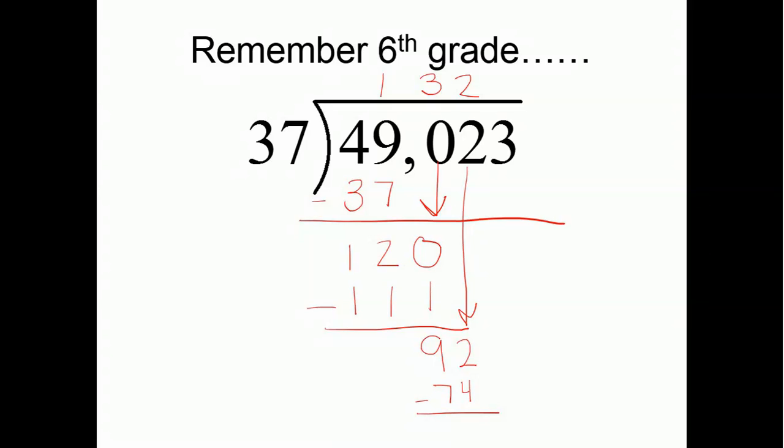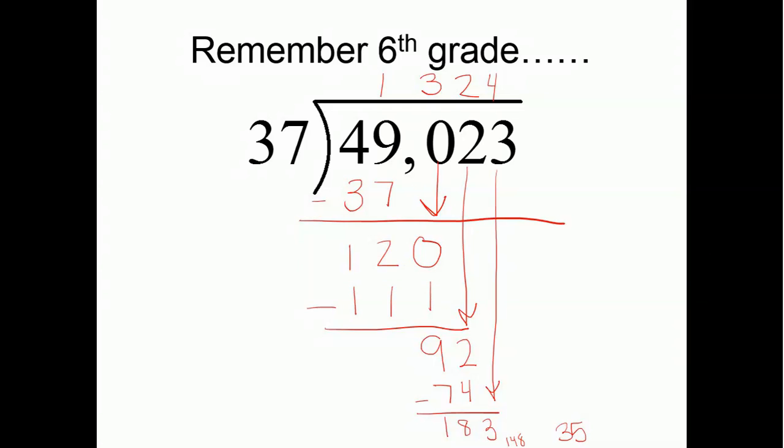And then you would get 18, and then you took the 3, dropped it down, and 37 goes into 183 4 times, and that would give you 148 down there, and then you subtracted, and you got a 35 at the bottom.